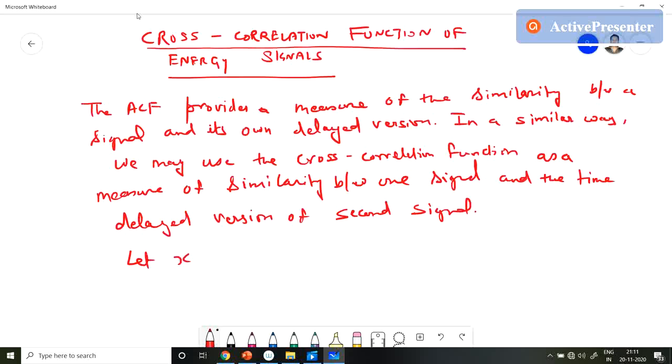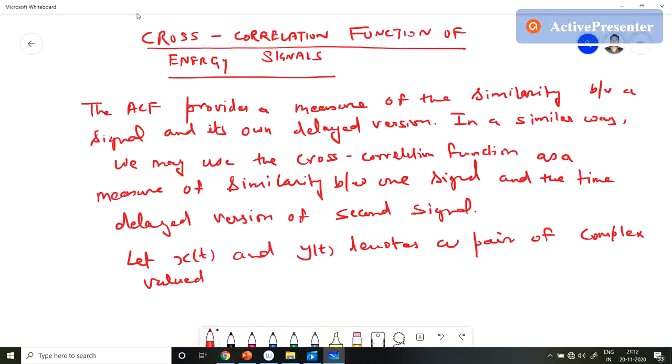So let x(t) and y(t) denote a pair of complex valued energy signals.